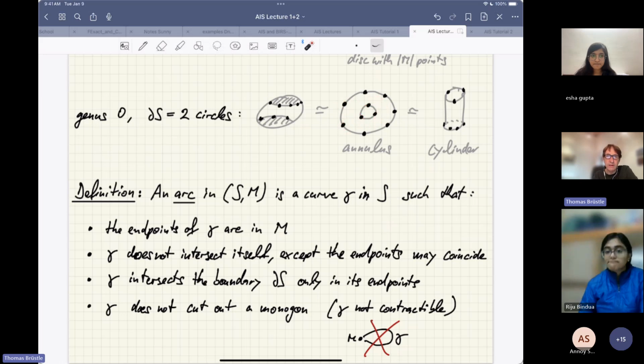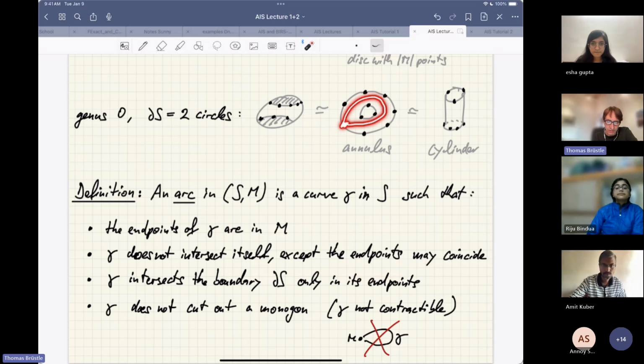This is not allowed. I do not want my arcs to intersect themselves, except maybe, do you call this an intersection? I can have an arc that starts here and comes back to the same point on the boundary. This is allowed. So gamma does not intersect itself, except maybe on the endpoints, okay?